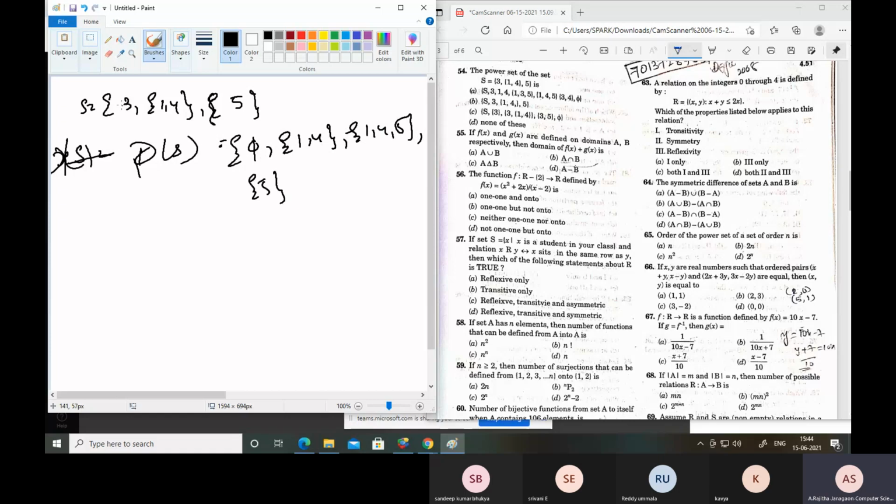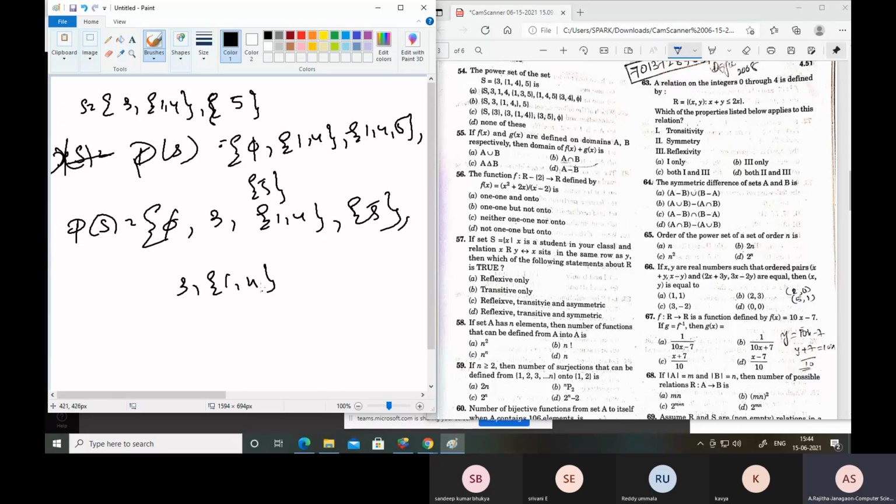Okay, so this is what 3 is there. Writing one more time: first 5, 3, 1, 4 and 5. Next one more 3, 1, 4, 5. So this is one set. So here 1, 4 also, what do we write again, 1 and 4. If you observe here, we don't have it here also, so that's why none of these is the answer.